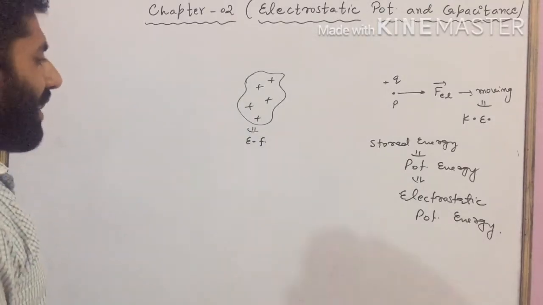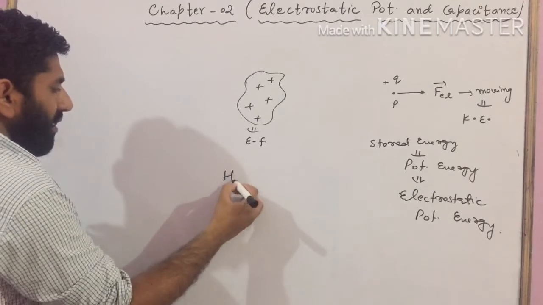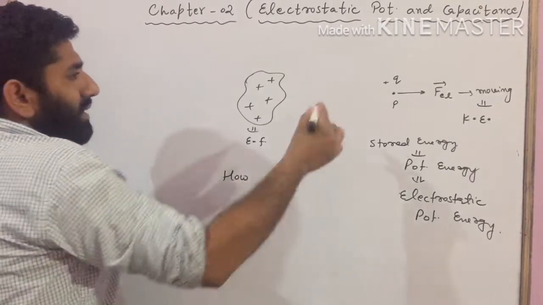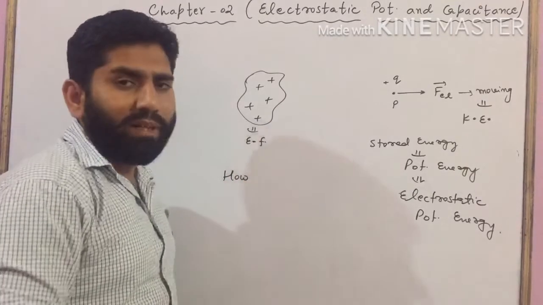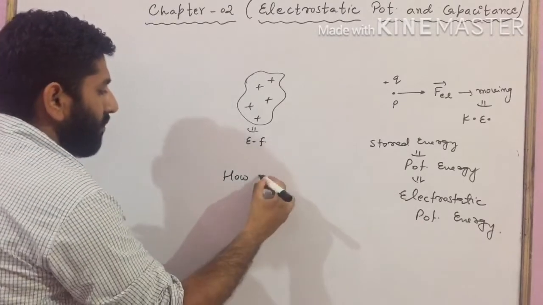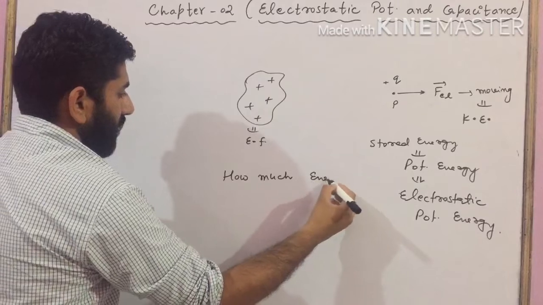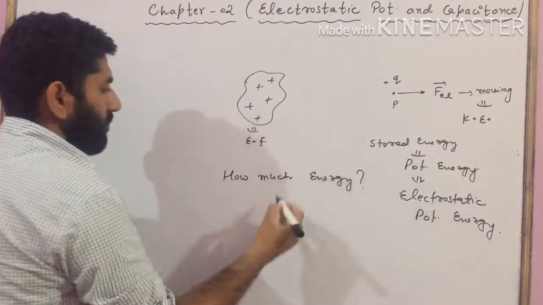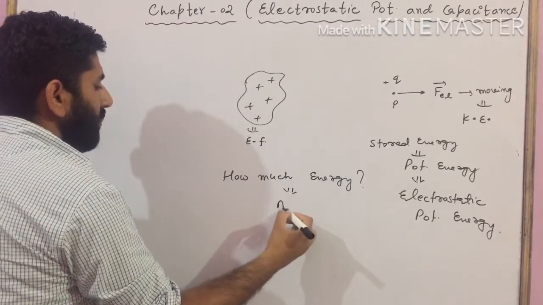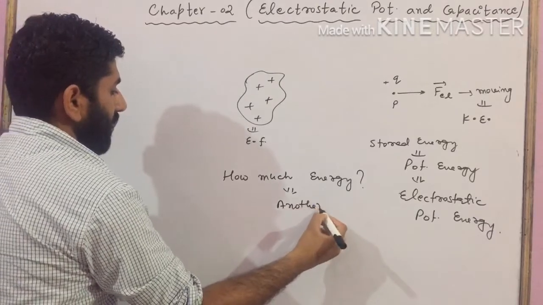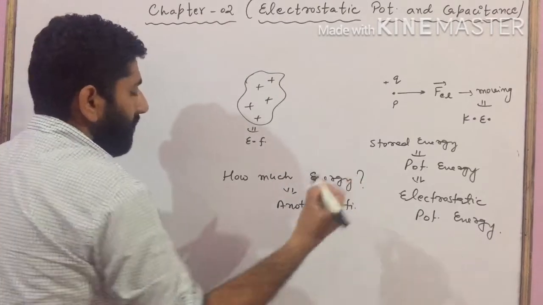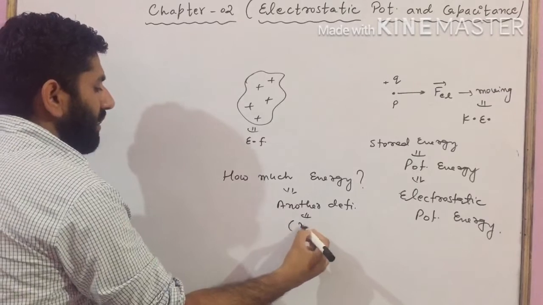But now the question arises: we understood that if the charge is in some electrostatic field, it will have some energy, but how much energy does it have? How will you give some value to this? So for this, we are going to have another definition, another definition in terms of some measurable physical quantity.